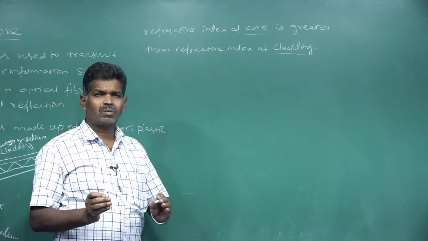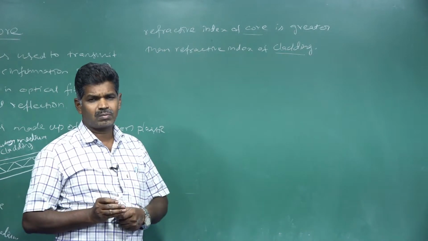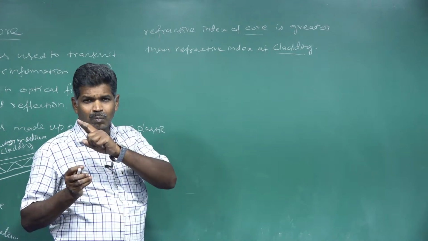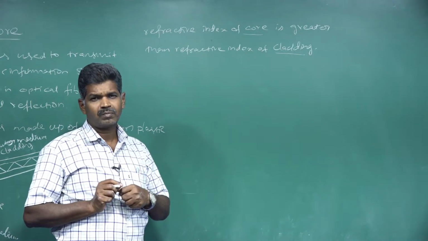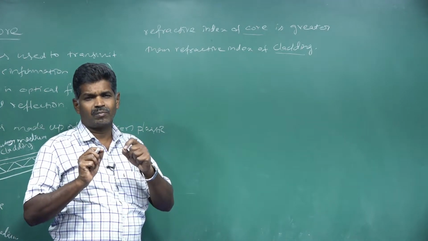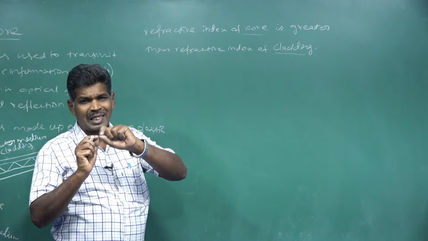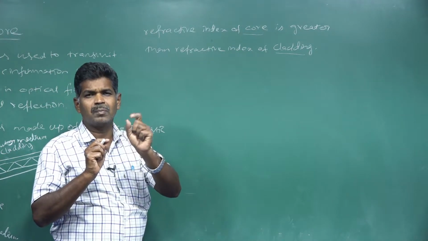So there we have some conditions. We want the signals to enter from outside the cable to the inside of the cable. At that time, we want to see very clearly that the entering angle inside the cable is most important.